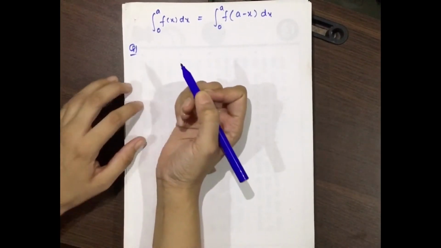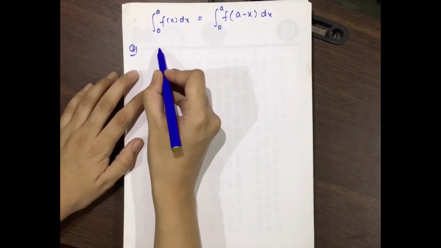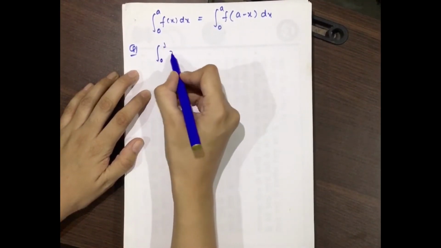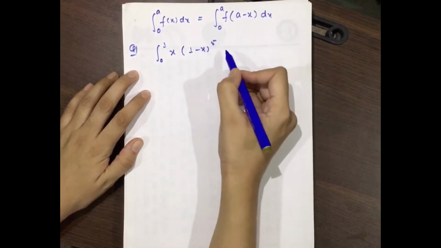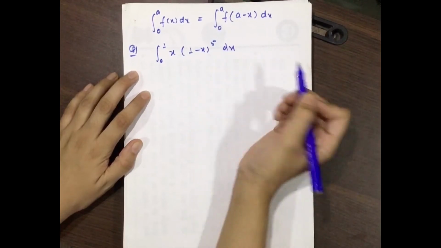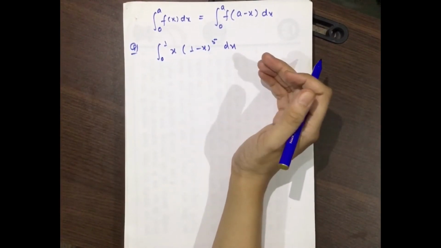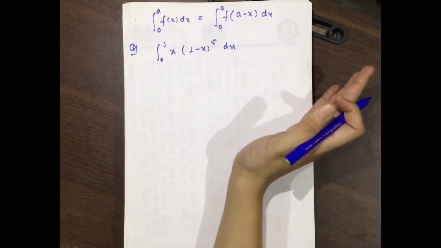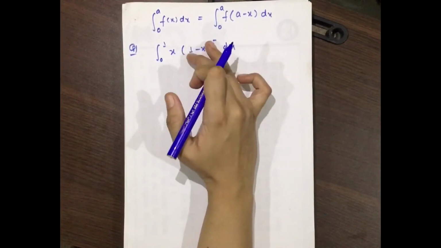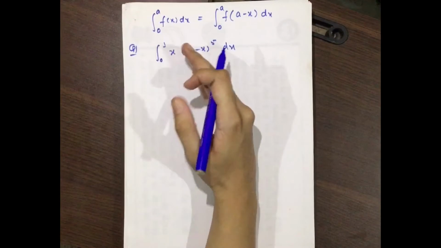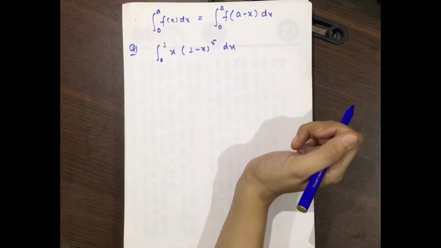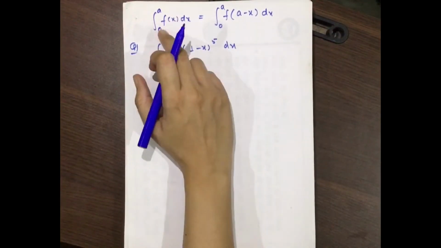So let's see one question. The question is the integral from 0 to 1 of x times (1 - x) to the power 5 dx. So we have to solve it. See, the basic thing that we have seen till now is, we have to expand this power 5 term, and then multiply it by x and solve it in a very basic manner.